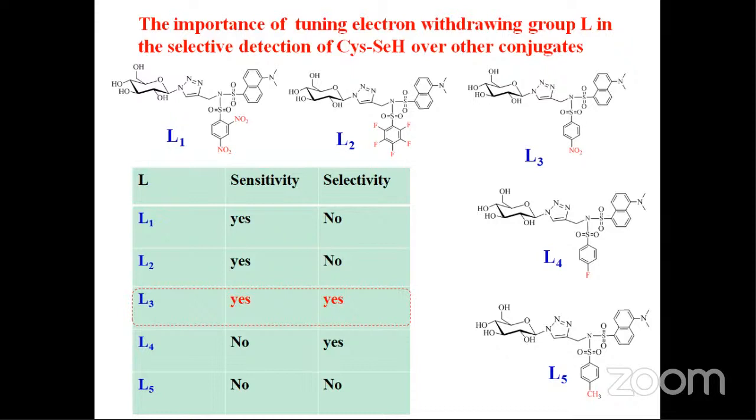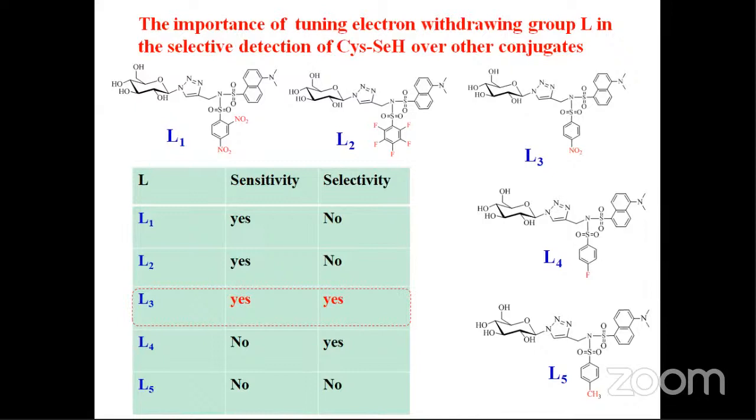L1 is a dinitro derivative, L2 is a pentafluoro derivative, L3 is mononitro, L4 is monofluoro, and L5 has an electron donor group, that is a methyl group.